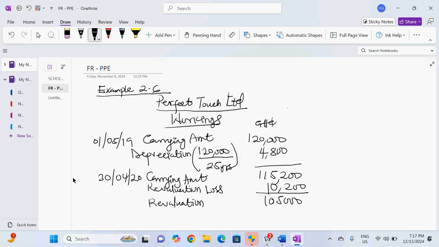Now it was revalued. The asset was valued at 105,000. Comparing the carrying amount in the books, 115,200, with the revaluation of 105,000, is it an upward or a downward revaluation?